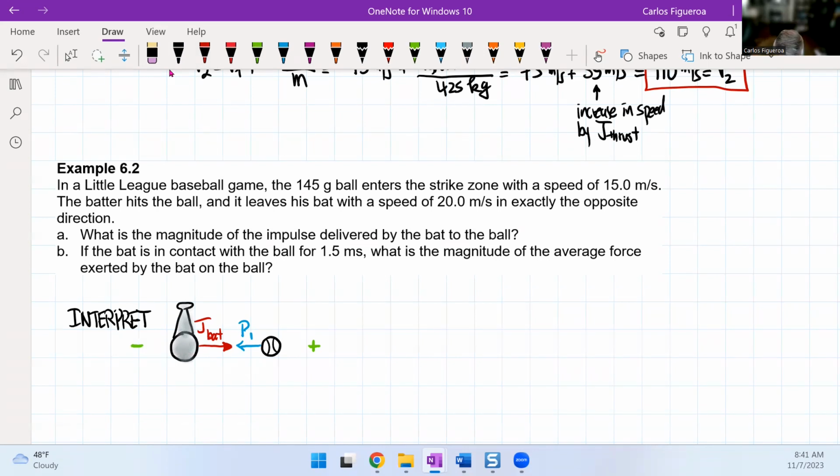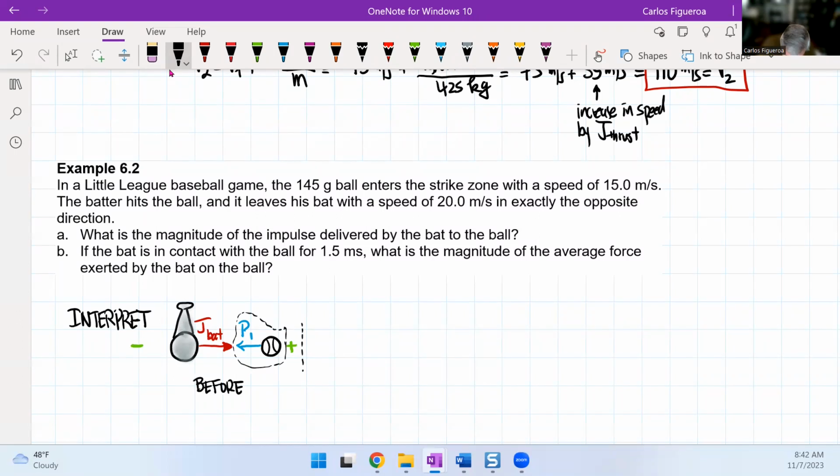Afterwards, what happens here is that I'm only focusing on the ball, because we never bring into the question what the bat is doing. So this is the before.